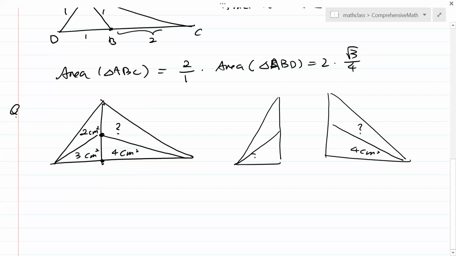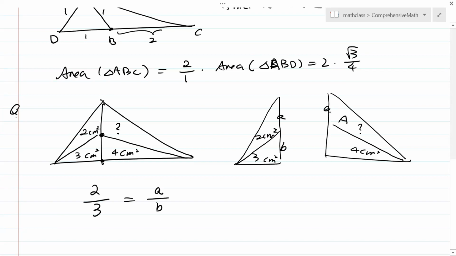This is 4 square centimeters. If I decompose them into 2 parts, you probably know how to figure it out. This area is called A, and I don't know the sides, but I'm going to use A and B, these 2 sides. So 2 over 3 is going to be the ratio of their corresponding bases.